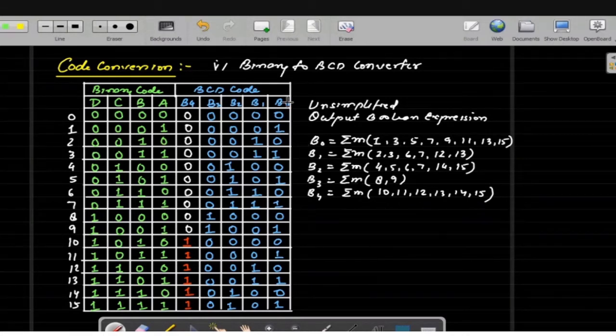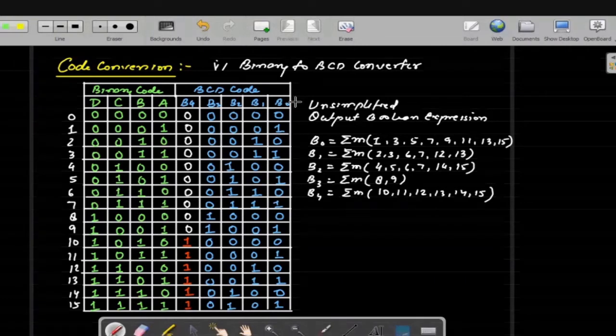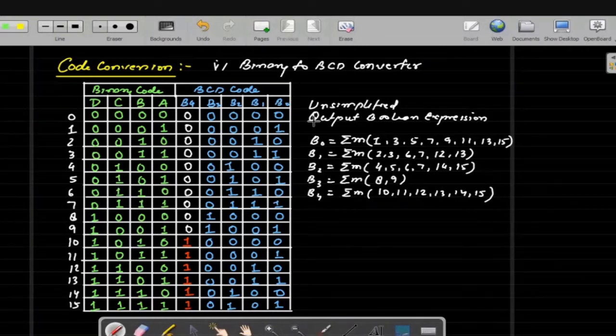When we use the K-map to simplify expressions B0, B1, B2, B3, B4, each will be a function of 4 variables A, B, C, D. Similarly, all 5 outputs are functions of the 4 input variables A, B, C, and D.